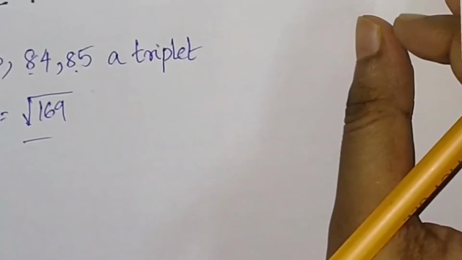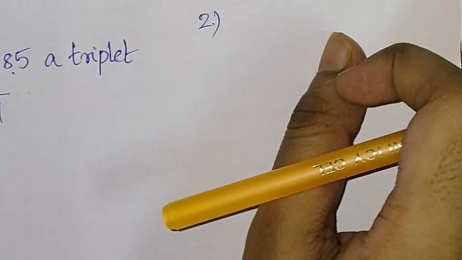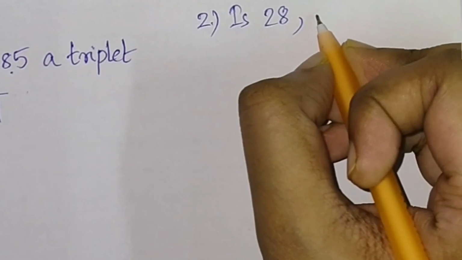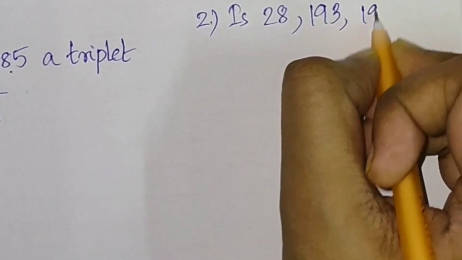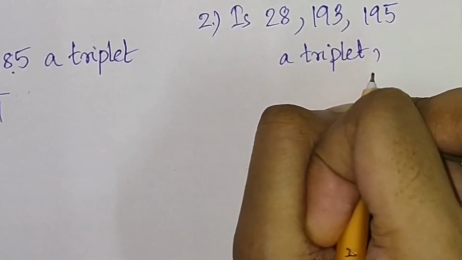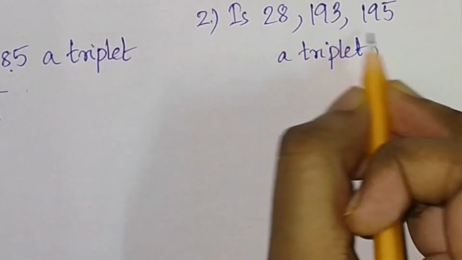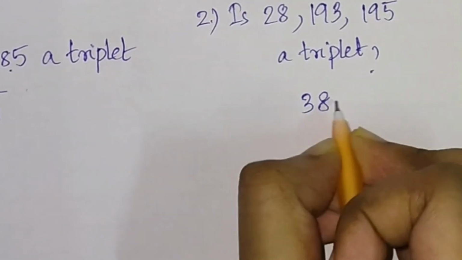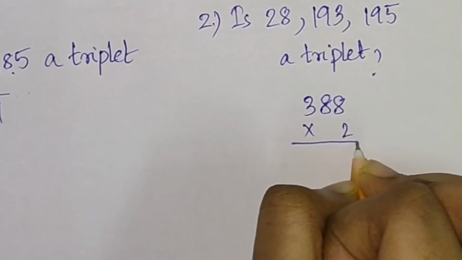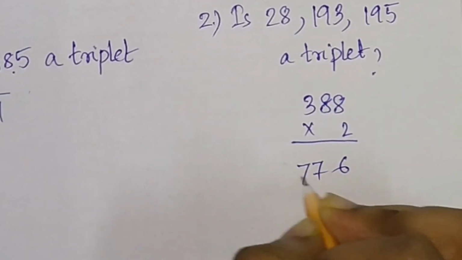Okay, next question. Is 28, 193 and 195 a triplet? Again you have to do the sum of 193 and 195, that will be 388. Now you just have to do twice of it, so twice of it will be 776.